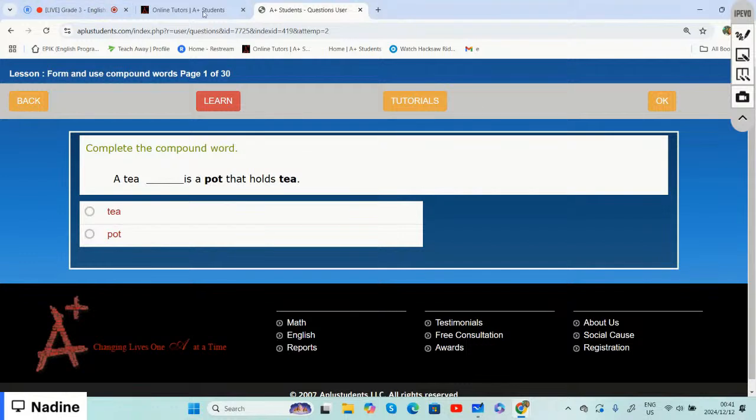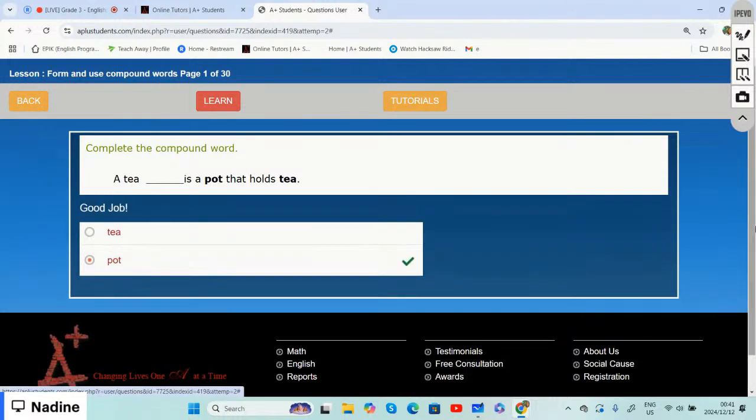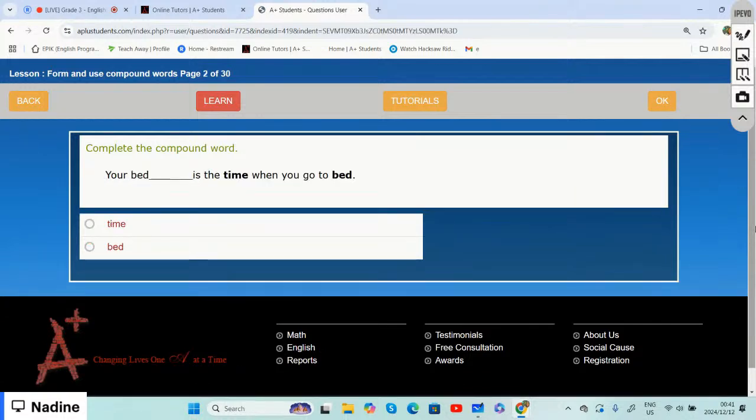All right. And if we were to form and use compound words, then yes, we will say a teapot. Option two is a pot that holds tea. Yes, well done. Option two, which is a teapot.